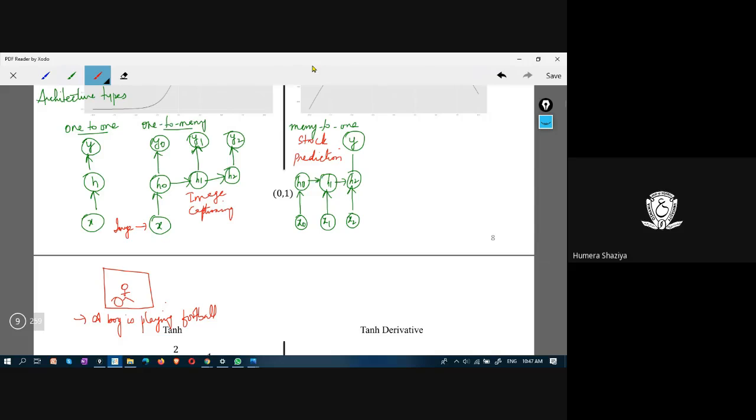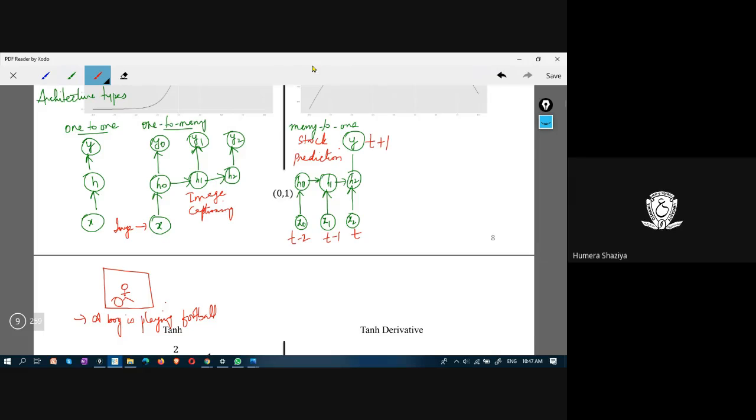If I take this as t plus 1, this would be t, this would be t minus 1, this would be t minus 2. So what would be the value at t plus 1?